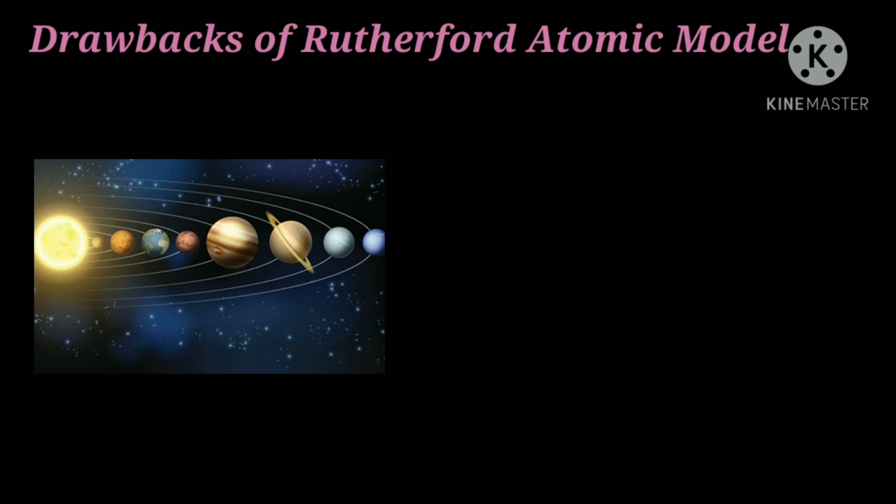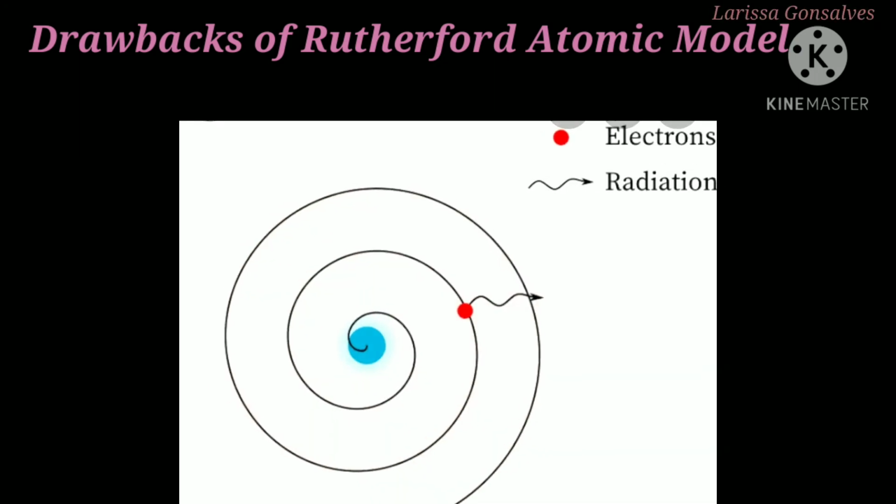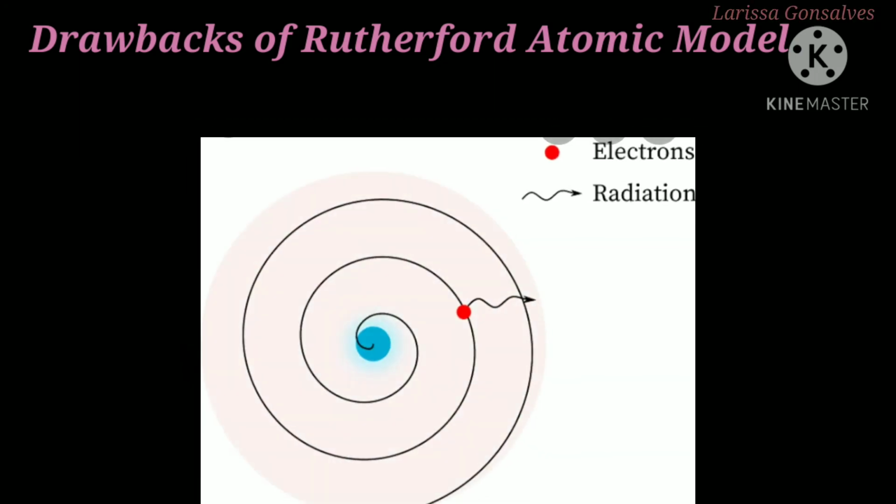However, the electrons revolving about the nucleus as described by Rutherford was also problematic. Now, why was that so? We know that electrons are negatively charged particles in orbital motion. Now, as these electrons are moving, there is accelerated motion accompanied by a continuous change in the velocity of the electron.